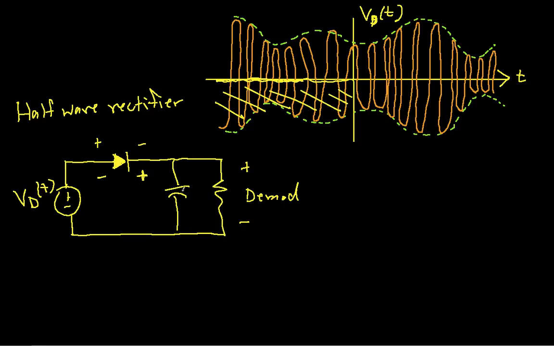And the positive part gets fed into this resistor and capacitor combination, which is a low-pass filter combination. So again, conceptually, and this is somewhat oversimplifying what actually happens in the circuit, I chop off these bits down here, and then I low-pass filter what's left. And low-pass filters basically get rid of the stuff that wiggles a lot.